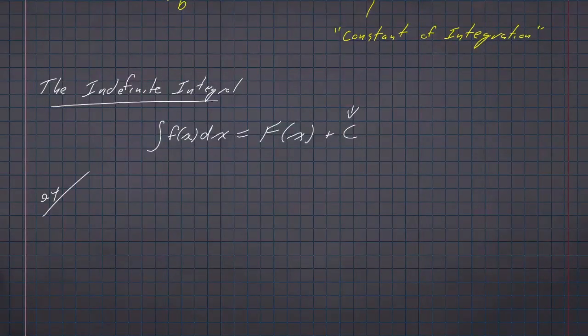So if I want to take the indefinite integral of the function we've been working with throughout this video, 2u, which in this case we can look at with x, the integral of 2x, we saw that this is going to take the form of x squared plus something. We'll call that something a capital C. So the indefinite integral of 2x is x squared plus c.